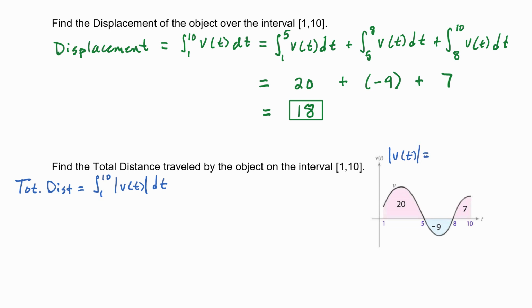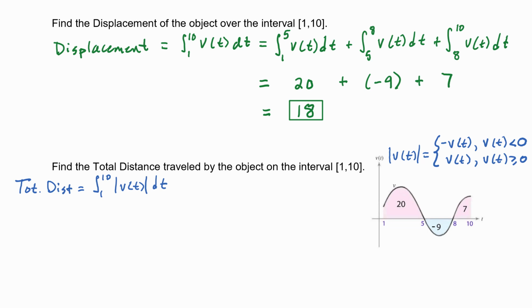We have the graph of v of t, and what we need to do is create the graph of absolute value of v of t. We know that absolute value is a piecewise defined function where it's the opposite of v of t if v of t is less than 0, and it's v of t when v of t is greater than or equal to 0.